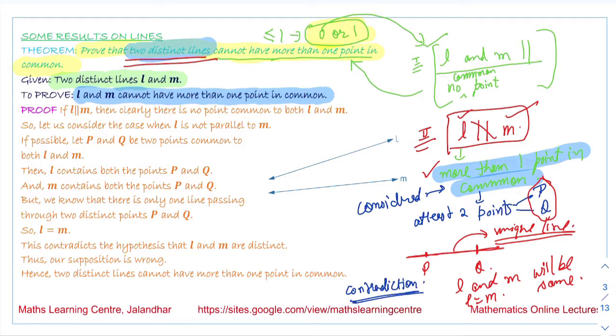Our supposition that it has more than 1 point in common is wrong. It means it cannot have more than 1 point in common. So we have proved this theorem that two distinct lines cannot have more than 1 point in common.